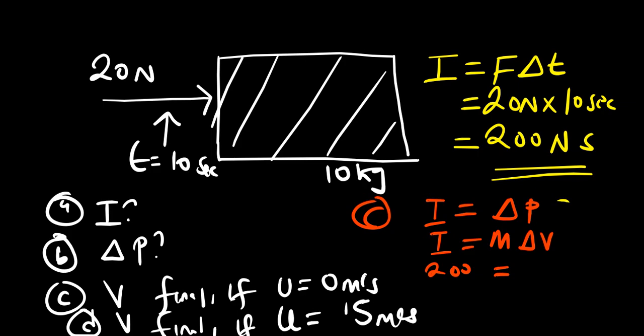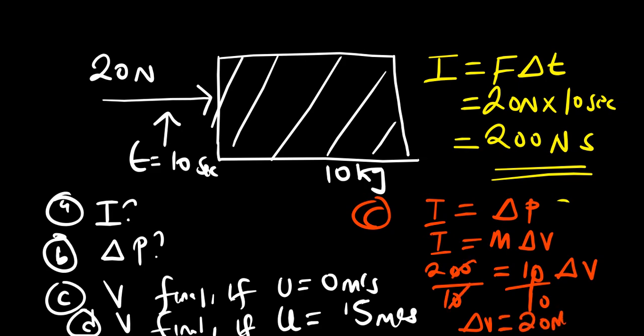This is equal to the mass of this object, which we've been given as 10 kg, multiplied by the change in velocity, which is what we are finding. So if I divide by 10 on both sides, I'm going to have the change in velocity equal to 200 divided by 10. That will just give me 20 meters per second.